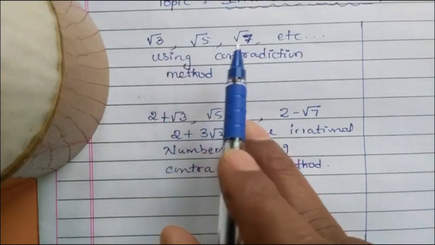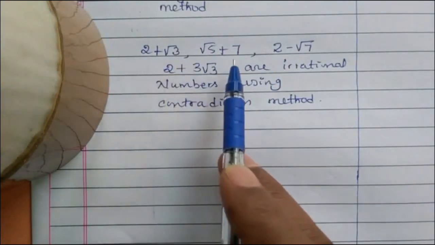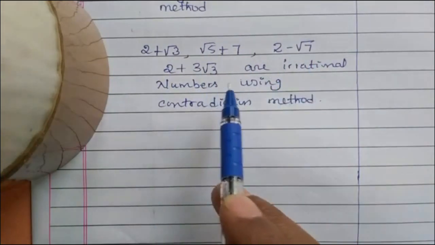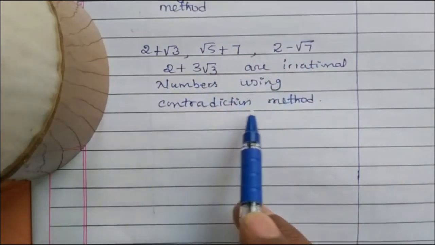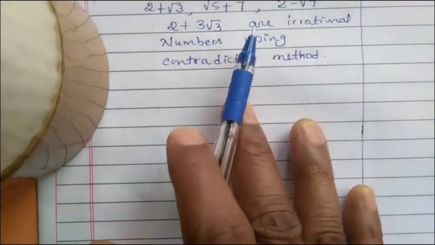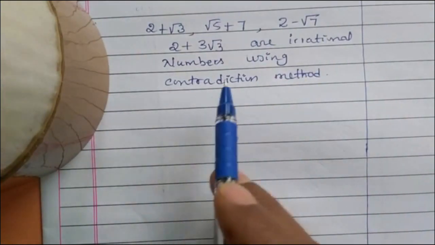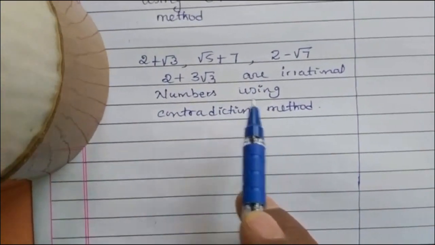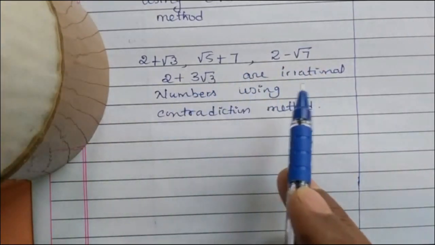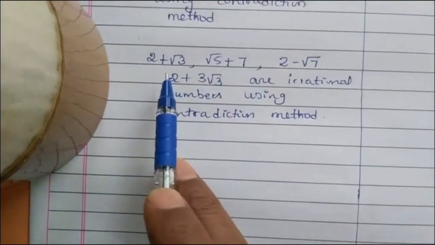Similarly, in this case also, for 2 plus root 3, root 5 plus 7, 2 minus root 3, 2 plus 3 root 3, they don't specify which method to follow. In CBSE class 10th, we are following the contradiction method only. So I suggest you follow the contradiction method to prove these are irrational numbers. Let us take one example from these.